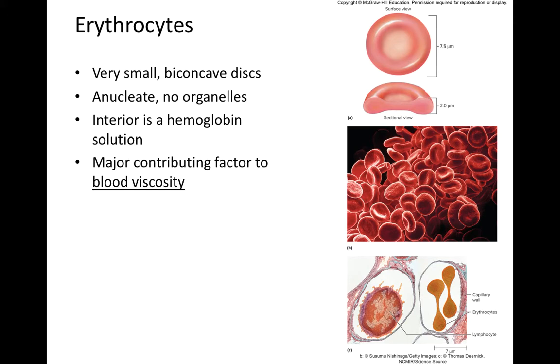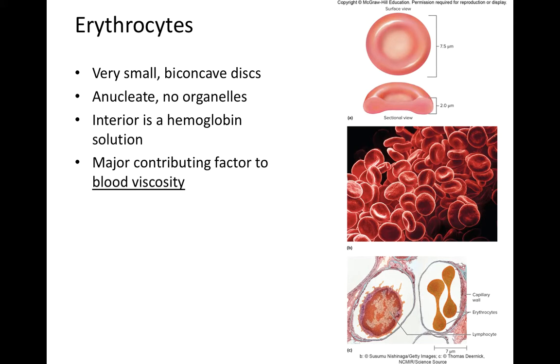Things to think about. How are they going to get their energy? Are they going to be able to use aerobic respiration, or are they only going to be able to use anaerobic respiration? So you've got to think about, okay, well, what organelles are involved there? Are they going to be able to go through mitosis? Questions to ask yourself.